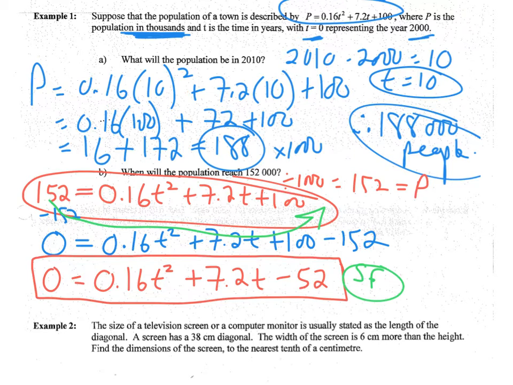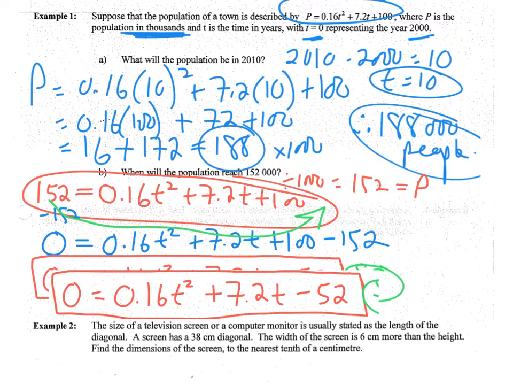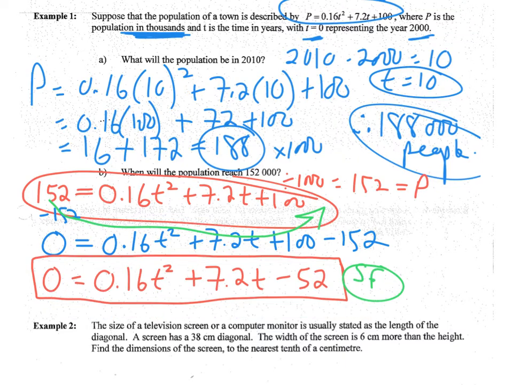And trying to solve for the roots here is not easy because we have decimal values. So in this example, the quadratic formula would be very helpful. So let's take this and let's open up a new page and let's continue with the quadratic formula.